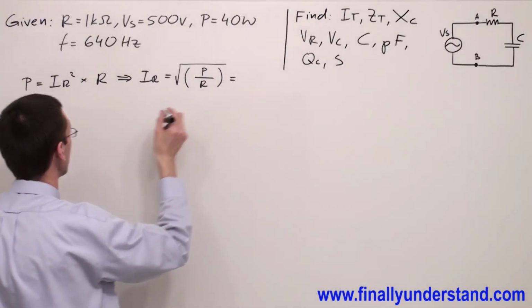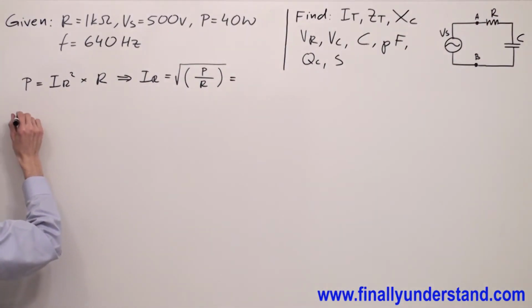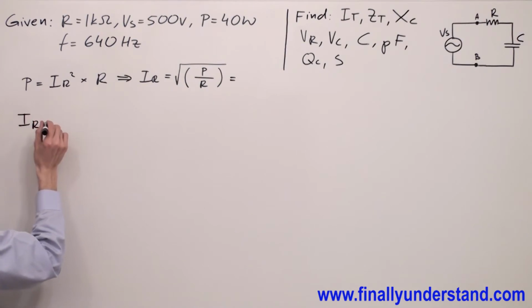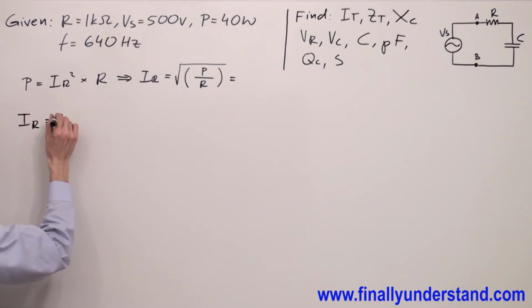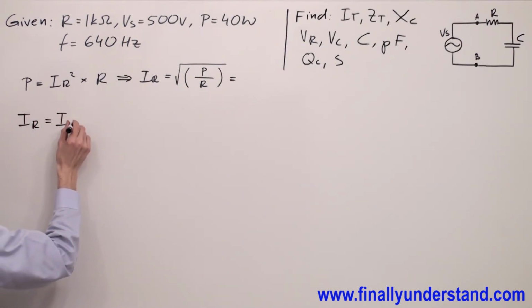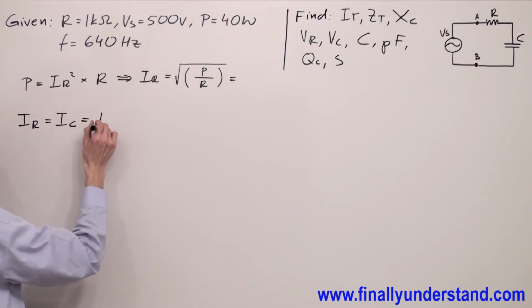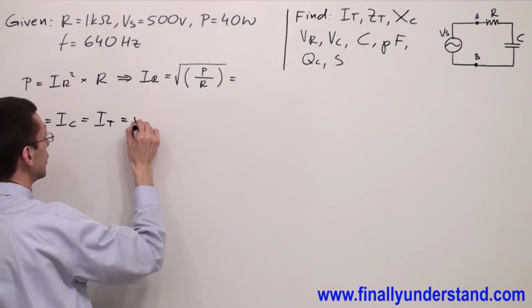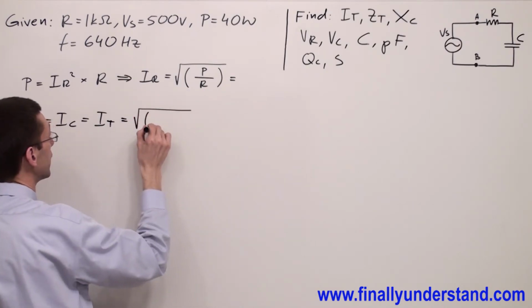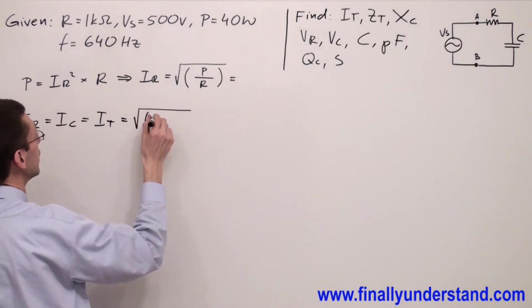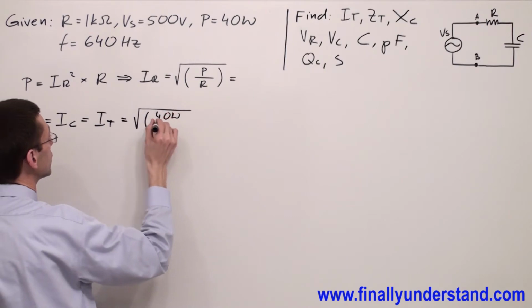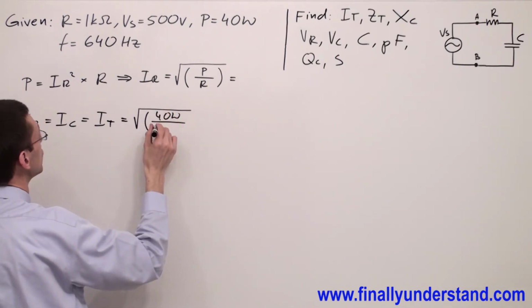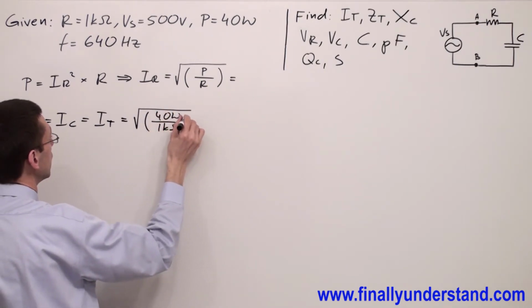This is equal to IR, which is equal to the current which goes through the capacitor, and this is also equal to I total, is equal to the square root of P, 40 watts, over resistance, which is equal to 1 kilo.